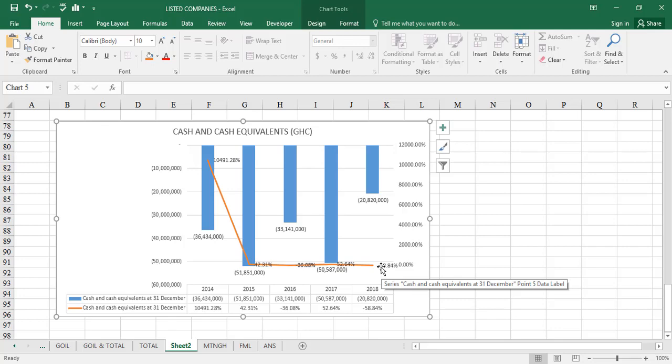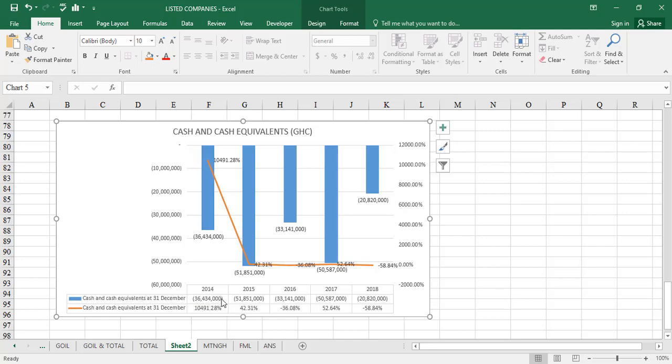So the cash flow statement represents how money is moving in and how money is moving out of the company. So at the end of the year, this is how much the company has in their coffers. Okay, so we can see that the company has been operating with a negative cash. That is, they've been operating with overdrafts or loans throughout the period.